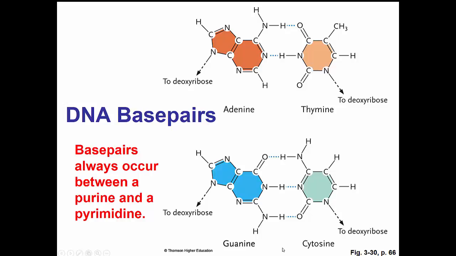Whereas guanine and cytosine are connected by 3 hydrogen bonds. Because of this, guanine-cytosine base pairs are bonded a little more tightly than adenine and thymine base pairs, because it requires more energy to break 3 hydrogen bonds than it does to break 2 hydrogen bonds.